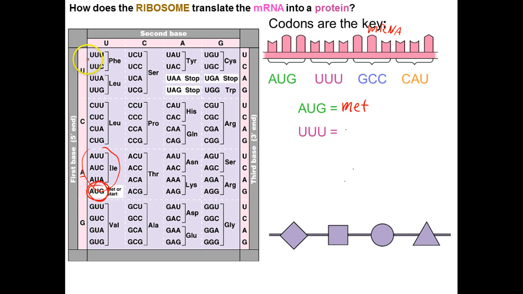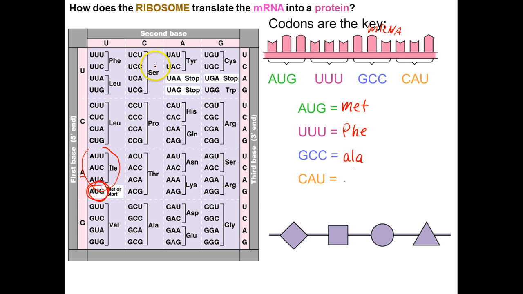U, second base U, third base U, and that's phenylalanine, PHE for short. And then GCC: here's G, then look up here, C, and that's ALA for alanine.